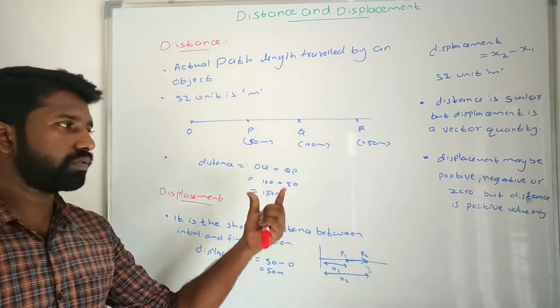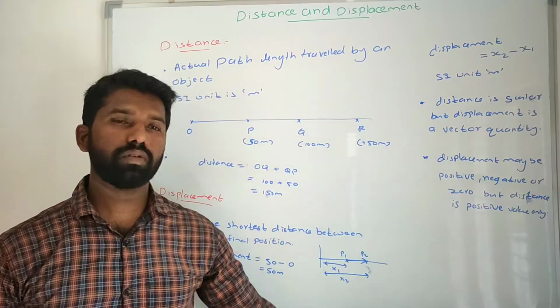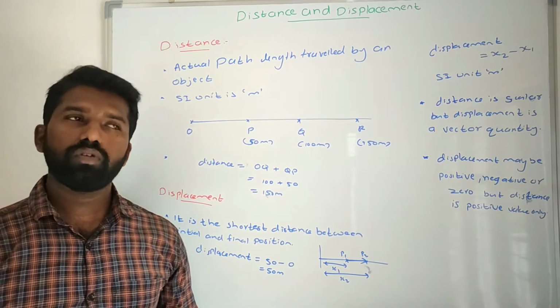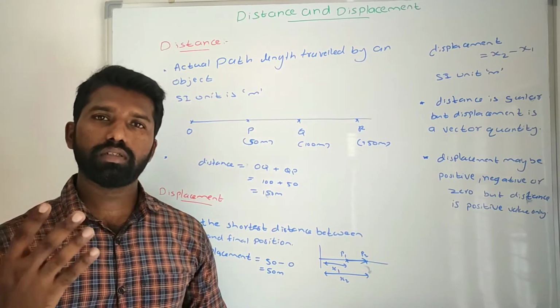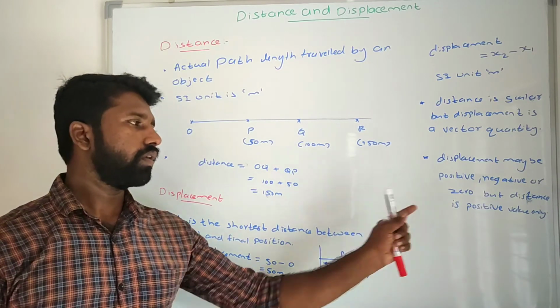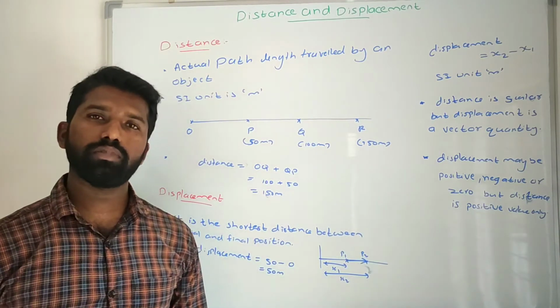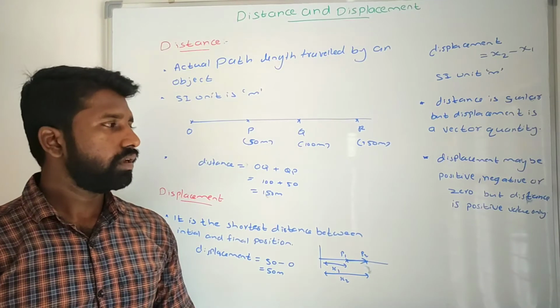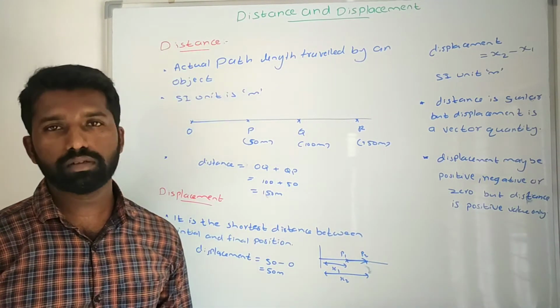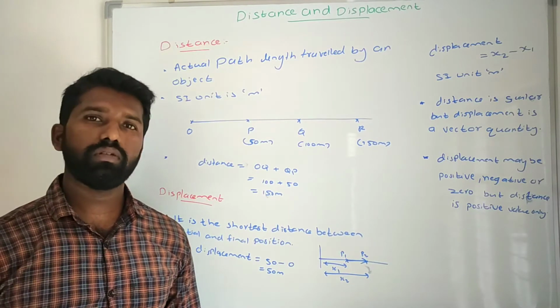Displacement may be positive, negative, or zero, but the distance has only positive values. If we consider rest as a type of motion with speed equal to 0, we can consider distance may become 0 also. Normally distance is positive, but displacement may be positive, negative, or 0.